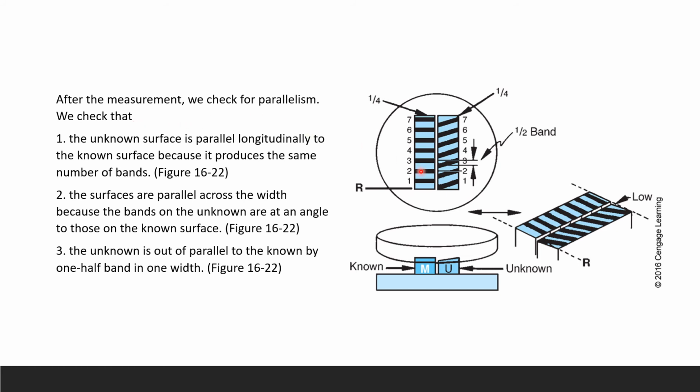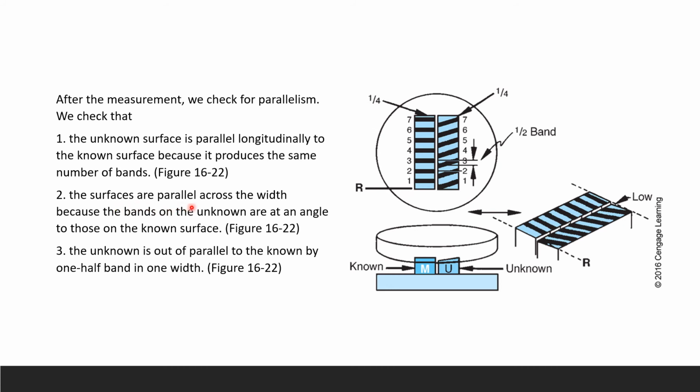Okay, after the measurement, we check for parallelism. We check that the unknown surface is parallel longitudinally to the known surface because it produces the same number of bands. We're checking the fringes, okay? We're checking the bands. And if you get the same number of bands, we know that the unknown surface is parallel to the known surface.